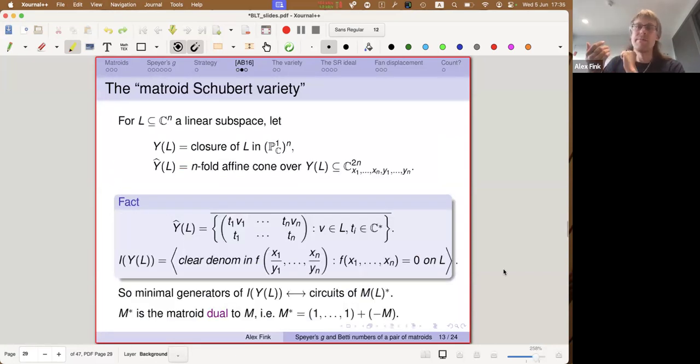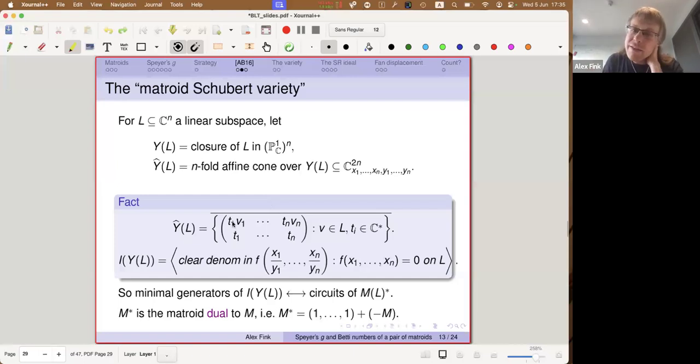All right, that monomial ideal is an initial ideal of a variety. Which variety? Well, what we now call the matroid-Schubert variety. In the representable case, you take your linear space, you close it up in (P^1)^n, and then we move back to the affine setting by taking the n-fold affine cone, just so I can work with an ideal in 2n variables. What is this geometrically?